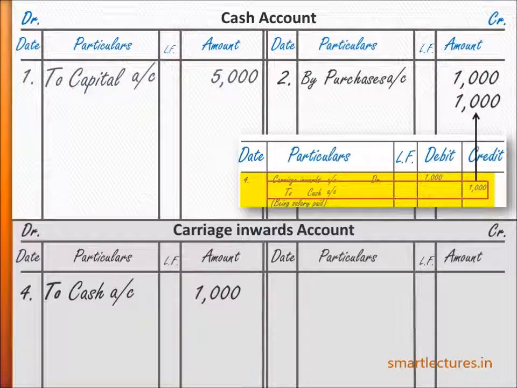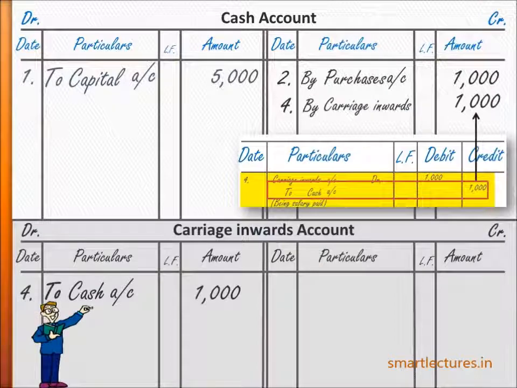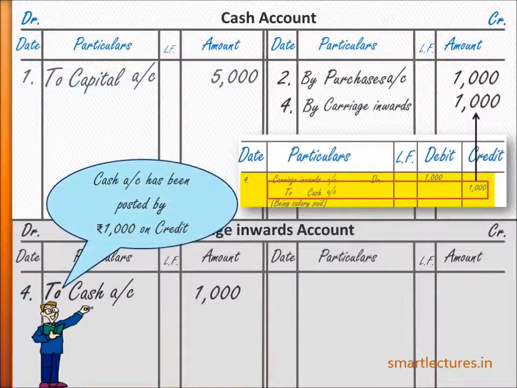Credit cash account means write down 1,000 on the credit side of cash account. It means cash account has been credited by rupees 1,000, or in other words, cash account has been posted by rupees 1,000 on credit. In this way, we have completed the ledger posting.